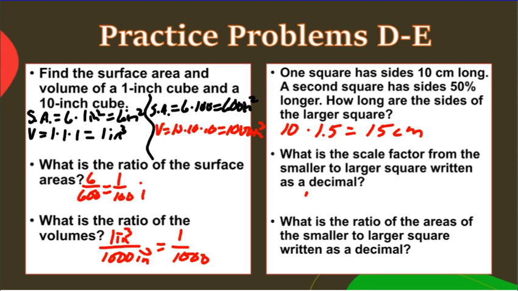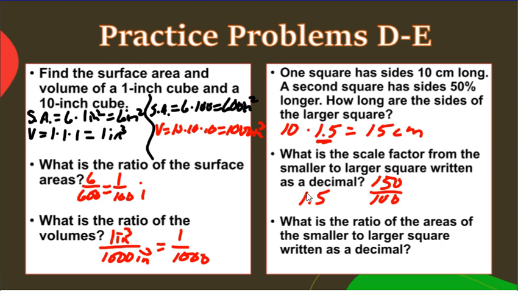What is the scale factor from the smaller to the larger square written as a decimal? So the scale factor is actually 1.5. I figured that out here. And all we're doing with that is a 50% increase. So a 50% increase would be 1.5. So it's really 150 divided by 100, because the original is 100.